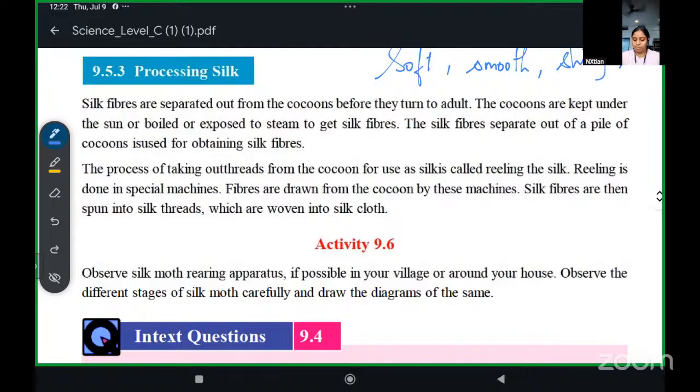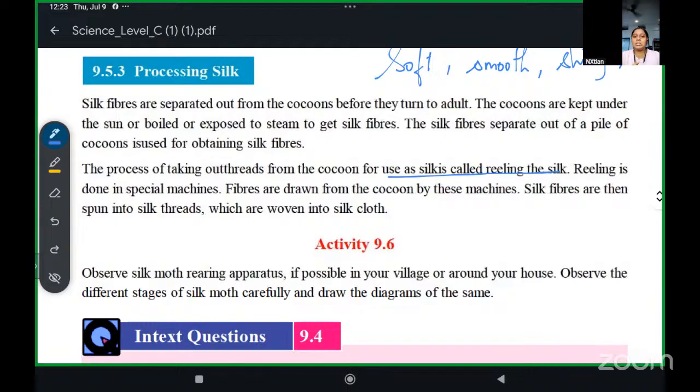The silk fibers are separated out of a pile of cocoons. The process of taking out threads from the cocoon for use as silk is called reeling the silk. Now, you take the fibers, spread them and roll them.